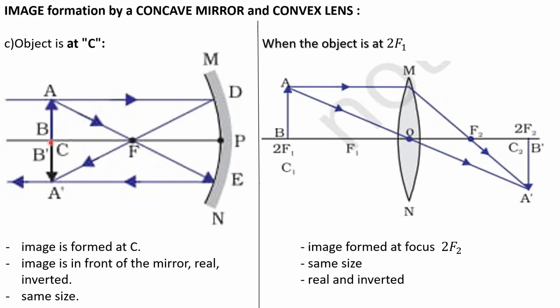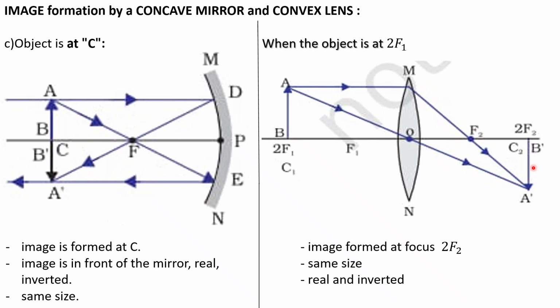It is of the same size. Here, in the case of a convex lens, when the object is placed at C1 or 2F1, the image is formed also at the center of curvature, which is the second center of curvature, C2 or 2F2, and it is a real and inverted image. It's on the other side of the lens and it is of the same size.